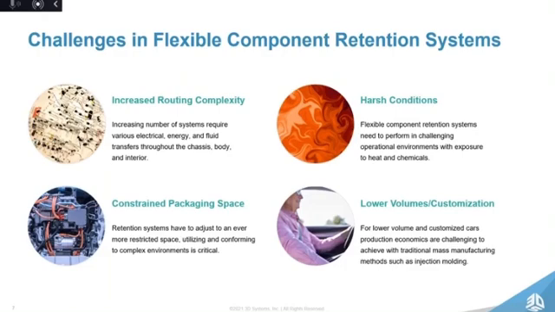Constrained packaging space. I've never really been in a situation where we haven't had constrained packaging in automotive. It seems to be something that engineers are continually fighting over, making sure that they've got clearances and so on that again protect those types of components.